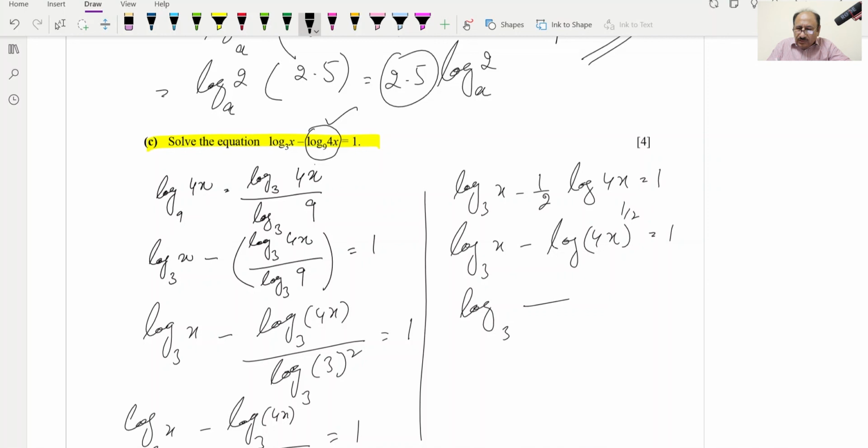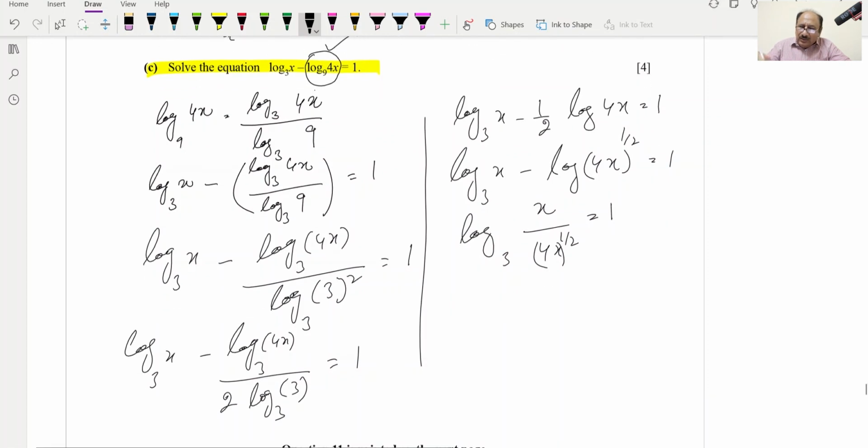So this will be x over 4x raised to the power 1 by 2 is equal to 1. This one we can write as log base 3 of 3, because this is also equal to 1. So to get rid of this log base 3, we have written this.